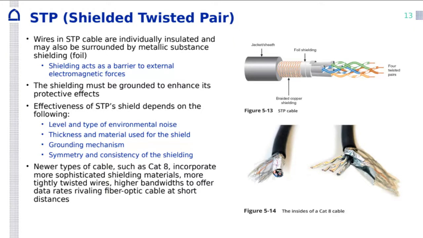Newer types of cables such as Cat8 incorporate more sophisticated shielding materials, more tightly twisted wires, and higher bandwidth to offer data rates rivaling fiber optic cable at short distances. Anybody used Cat8 cable here? But it's more expensive.